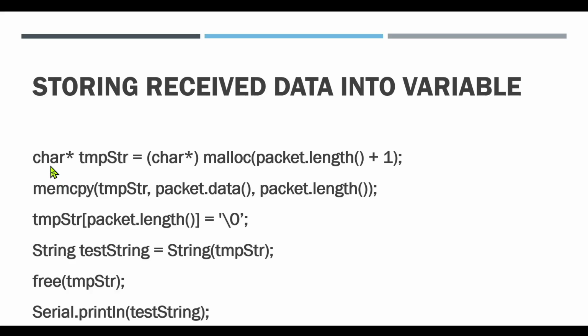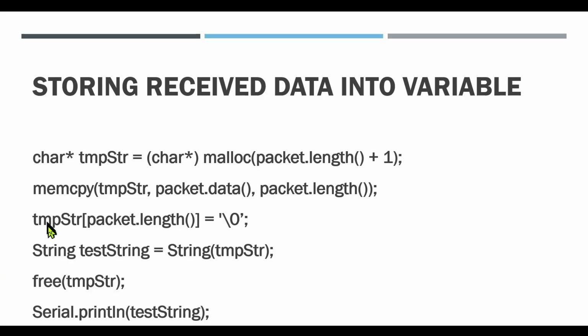So this is a char pointer. This is memory being allocated to a character array, and then memcpy is used to move this packet data into tmpStr, the temporary string.